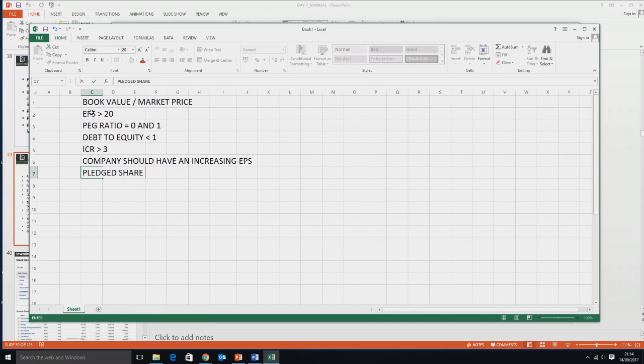That share is equal to 0. Right? So this is our 6 to 7 conditions on which we are going to analyze stocks or any particular company fundamentally, right?